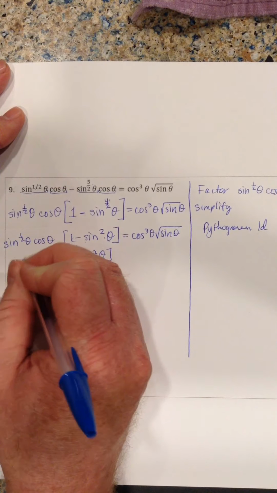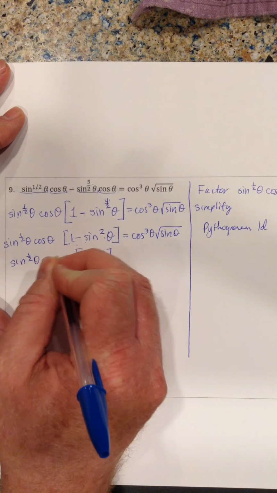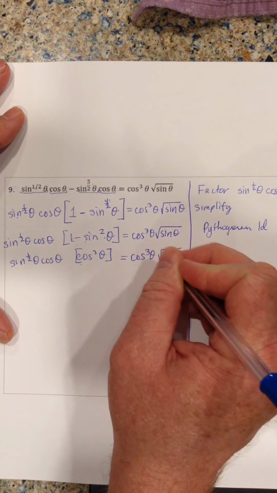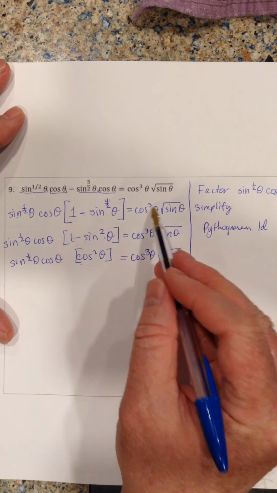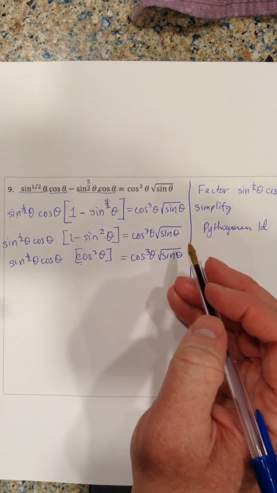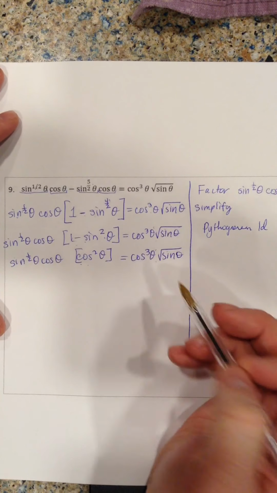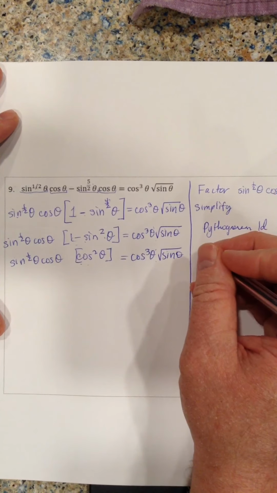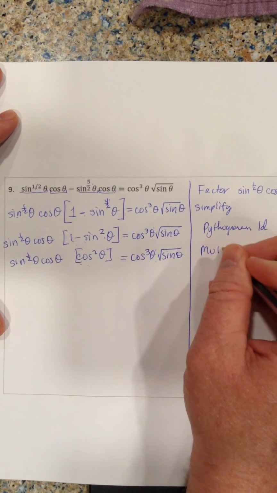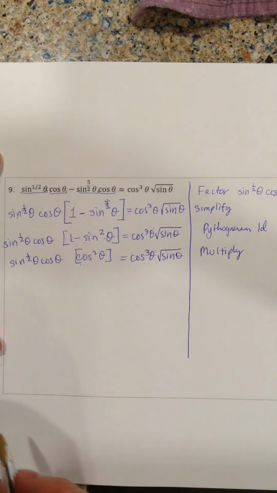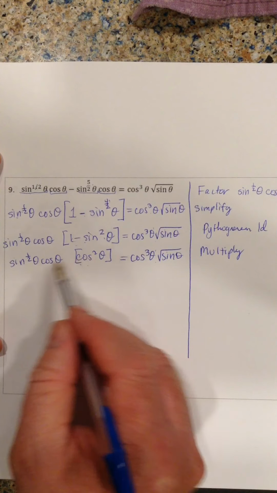Then I still have the sine of the 1/2 theta, cosine theta, equals cosine cubed theta, square root of sine theta. Students always ask me if you have to rewrite this every time. You really don't, but I think it helps you keep track of what you're going for. So now I'm going to multiply. And remember, when you multiply, you have to remember that you're adding exponents.